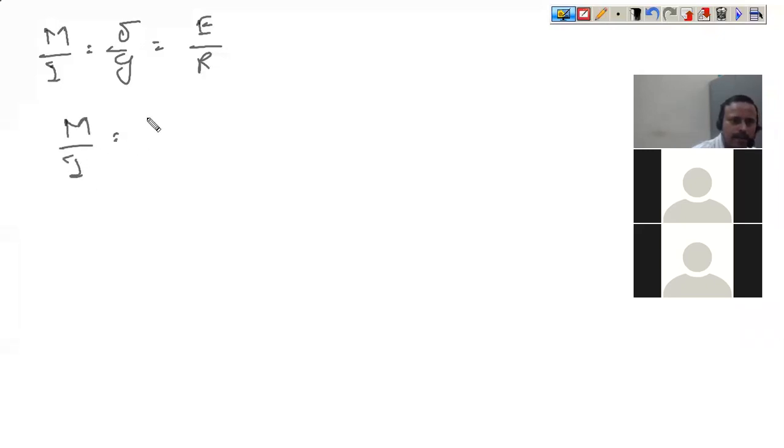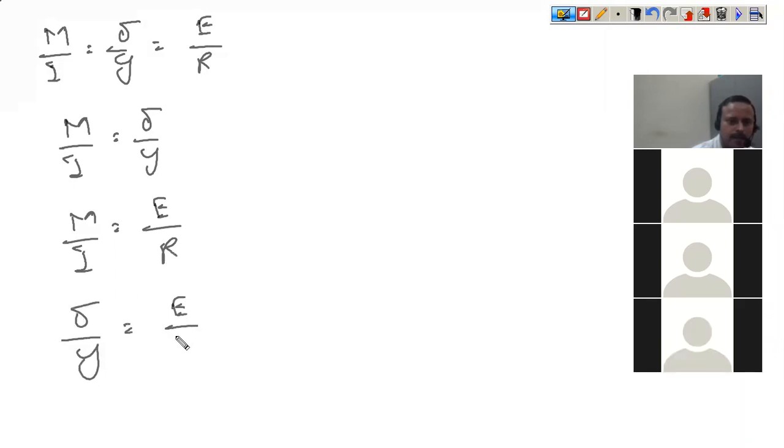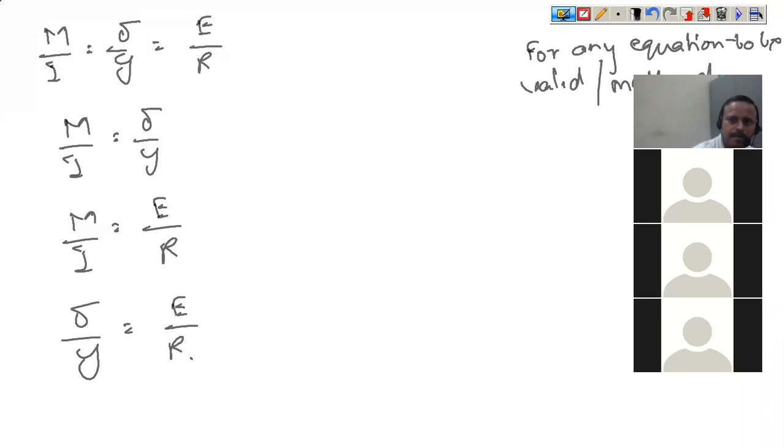So one is M by I is equal to sigma by y, one is M by I is equal to E by R, and the other one is sigma by y is equal to E upon R. So for any equation to be valid or mathematically applicable, there has to be a cause which has to be equated to an effect.